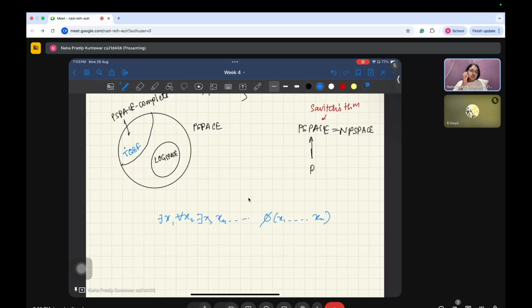So the question is whether there exists a variable x1 such that for all choices of x2 and so on. We quantify each variable, and based on that we are asking whether the formula is satisfiable.